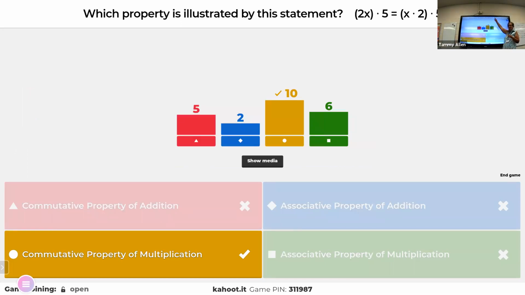So again, they just changed the order of the 2 and the x, didn't they? Oh, I thought it was a grouping for a second. They grouped the 2 and the x together. This is the commutative property of multiplication.